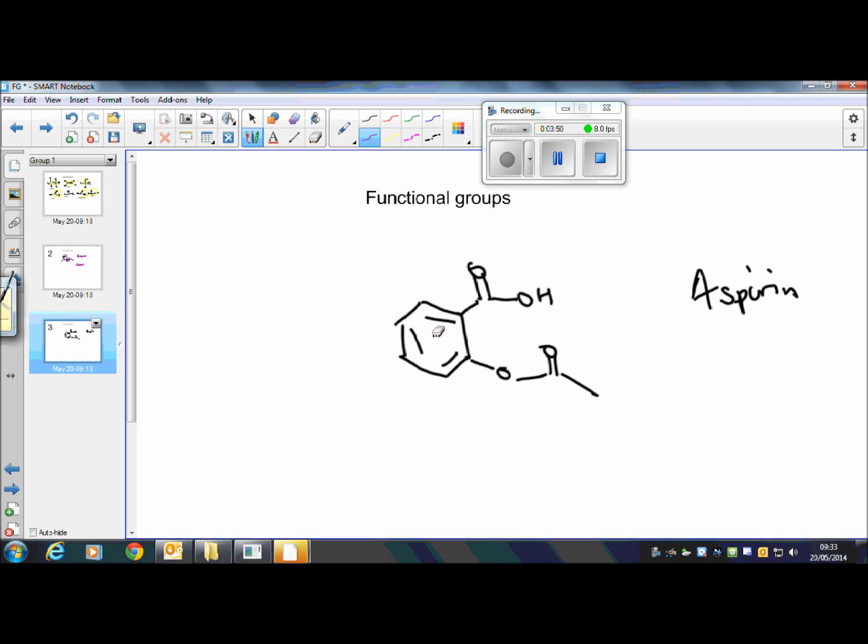We've got another example here. We've got aspirin. See if you can pause the video and have a go at this one. In aspirin, we've got three functional groups. We've got this one here. You should have identified that as a carboxylic acid. C double bond O, OH.